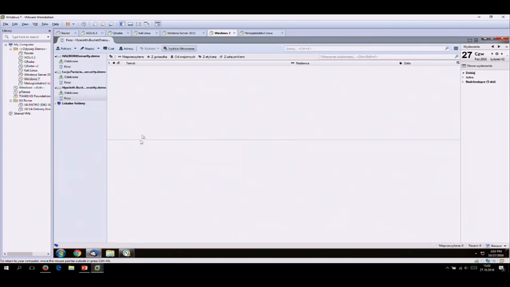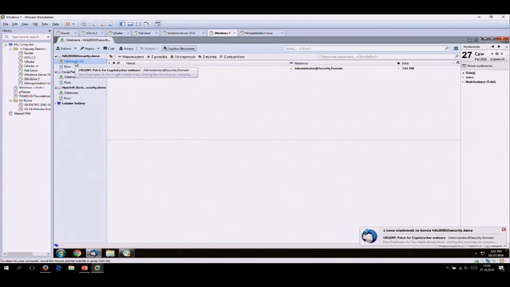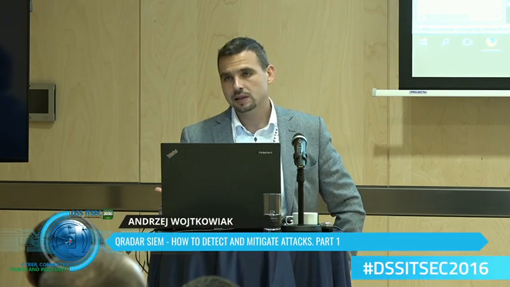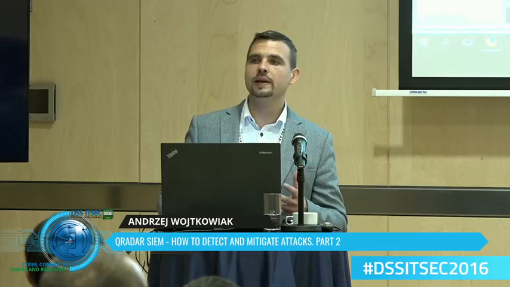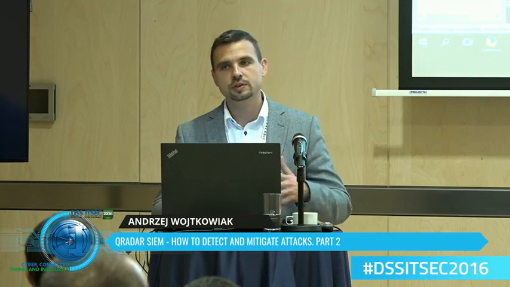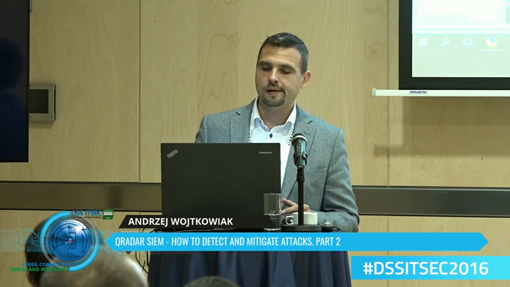And here is the email that we were sending. This is a little bit of social engineering. We are trying to encourage the employee of the particular organization to actually install something. We are creating a special email explaining that our organization is under attack and there is a well-known malware called CryptoLocker.